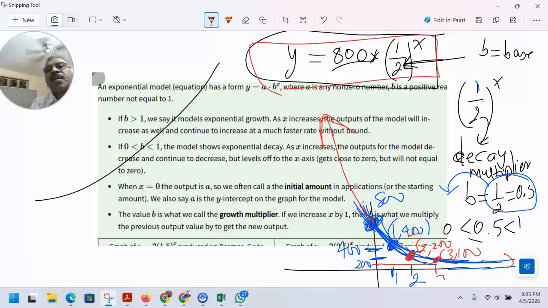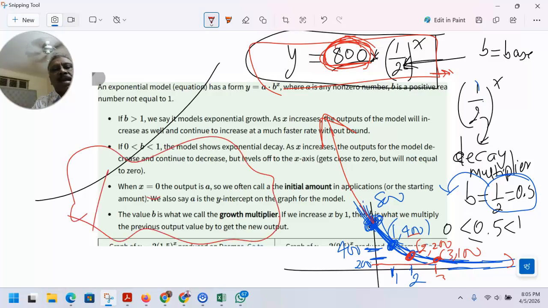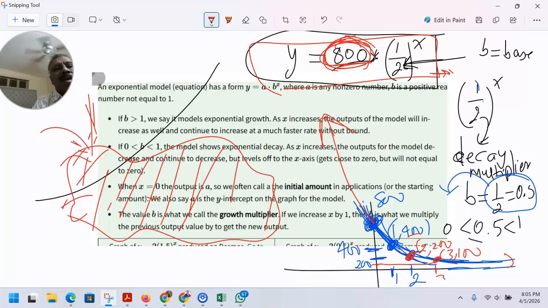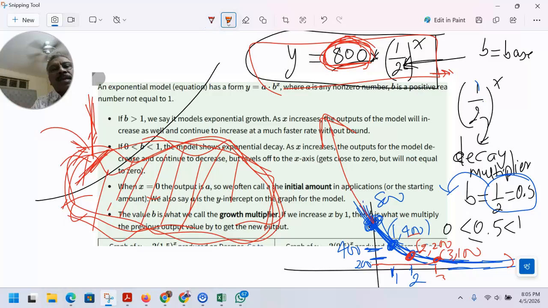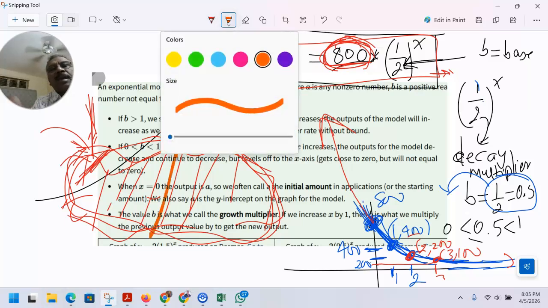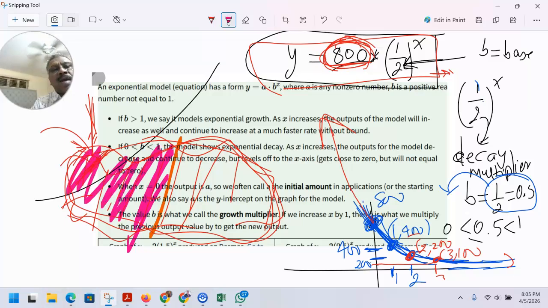The equation is the exponential decay equation, where in the beginning it was 800. Maybe there's a pond, a lake filled with green algae, and you treat it with some disinfectant to kill the algae. Every week you notice that from the whole 800 square feet, so much of the algae gets killed.